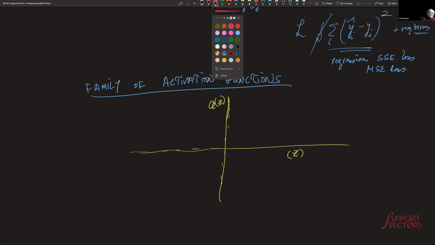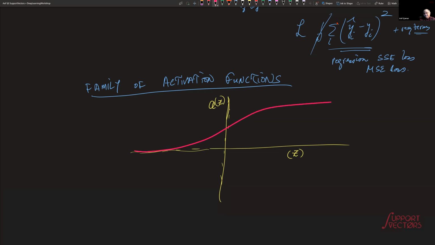The shape of this is a stretched out S. Do you notice that it looks like a stretched out S, isn't it? Of course, this goes in this direction. What is the minimum value that it can achieve?